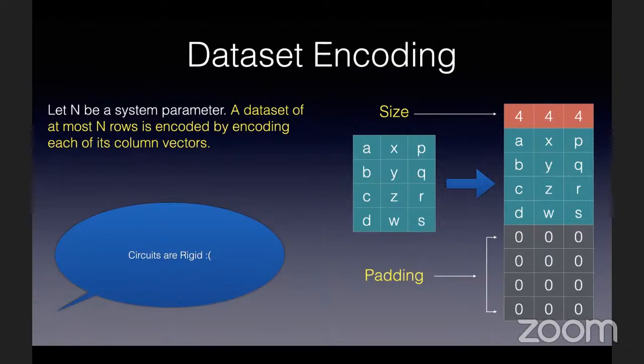So if the data is smaller, we simply pad the remaining entries with zeros, but we also need to store how much is the real data. So for that, we introduce extra wires to capture the size information. So to represent any data set like this, we need extra wires which keep the size information and the padding. This shows how a data set will be represented in a circuit.